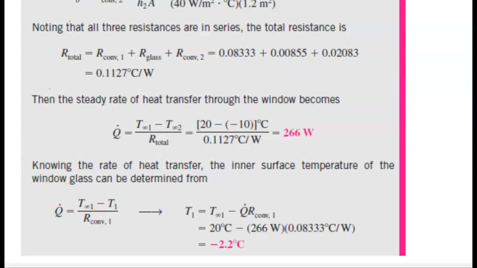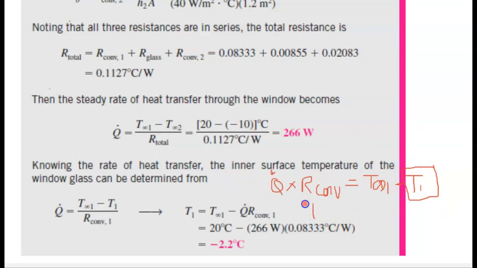So what will actually happen is it will become Q dot multiplied by R convection 1 equals T infinity 1 minus T1, and this T1 is the one I'm trying to find out. So I can move the T1 here and that thing there.